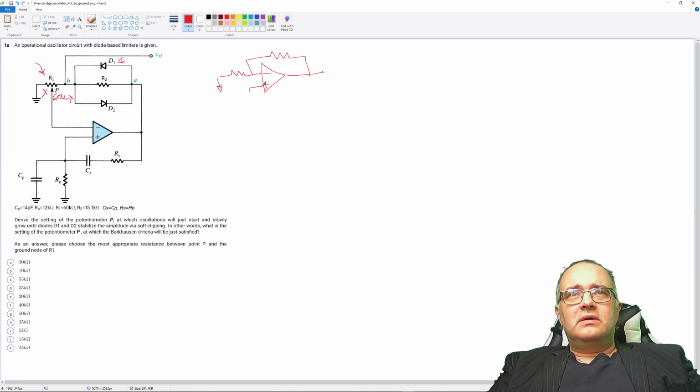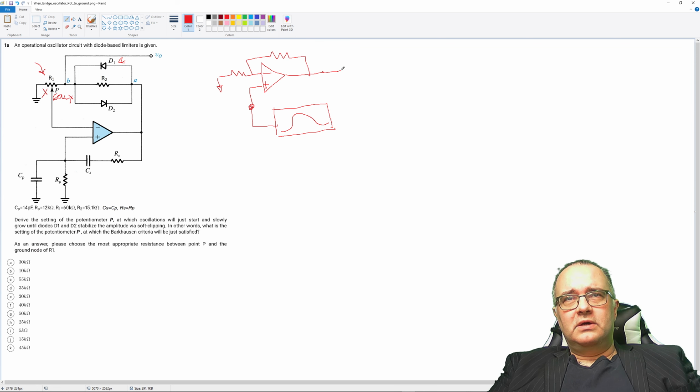And for the input, we take the input from the output through a bandpass filter. So this is our frequency selective network, which is like a bandpass filter. So this is VA, and we take the output here and we feed it to the input. This bandpass filter, of course, is composed by this part, where we have the high pass part and the low pass part.